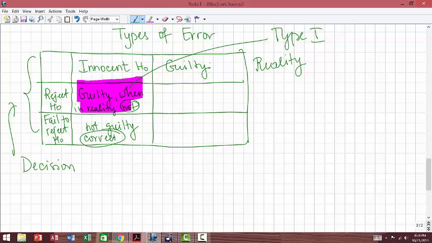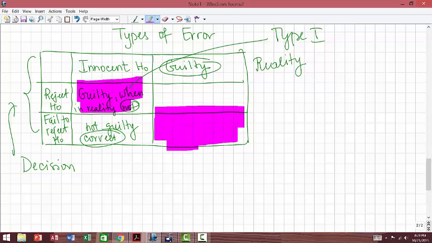Now let's say the person is guilty. What happens then? If the jury says, okay, we failed to reject the null hypothesis. That means this situation right here: when the person is guilty, but the verdict is not guilty, then the guilty person goes free, right?